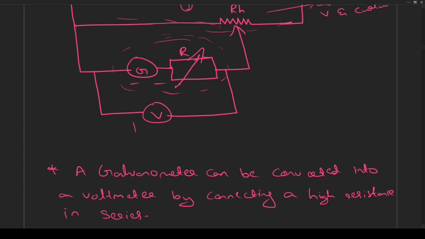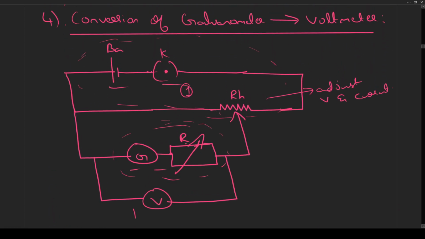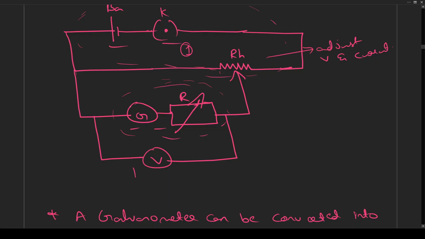That is the reason we connected an R here. A galvanometer can act as a voltmeter when we connect a high resistance to it in series.